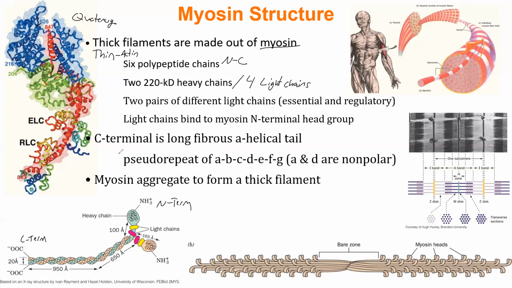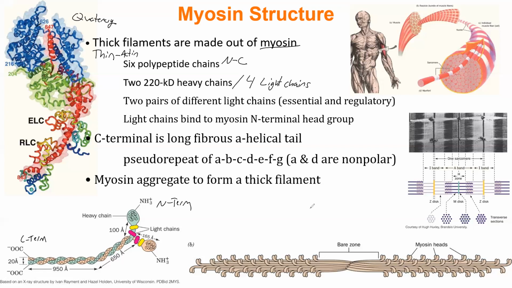Now here, at the C terminus, we have a pseudo repeat. And we talked about this when we looked at our fibrous proteins, where it's just a repeat of 7 amino acids, but it's called a pseudo repeat because it's not the same 7 amino acids over and over again. Rather, the amino acids have the same properties, where it's either polar or nonpolar.